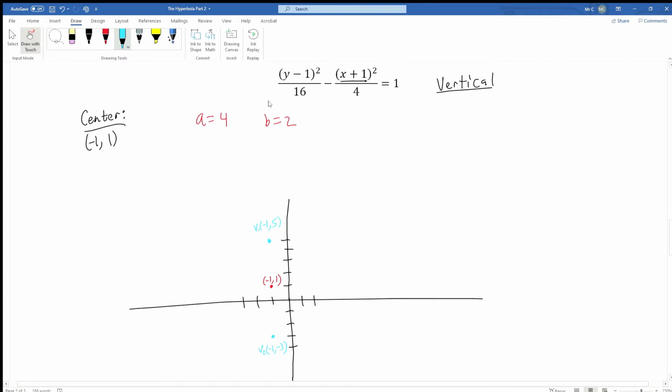For my minor axis on the fundamental rectangle, I'm going to go out a distance of 2 due to this b here. So I'm going to go out here and draw my fundamental rectangle.